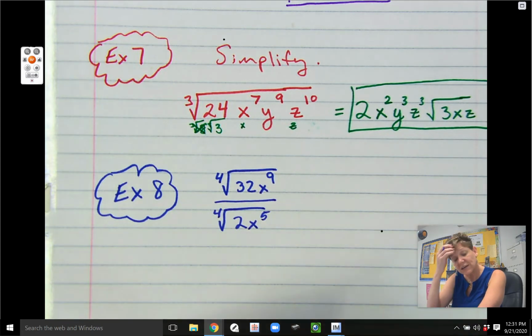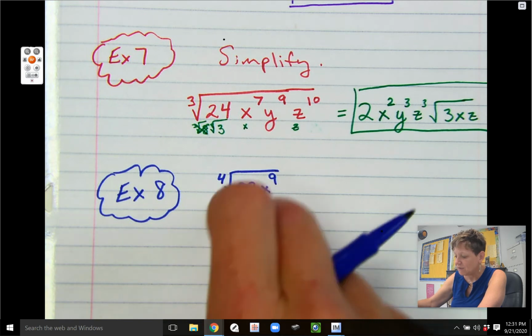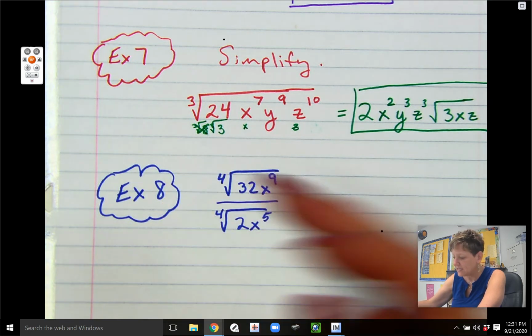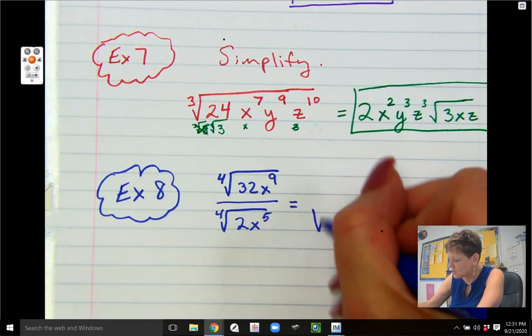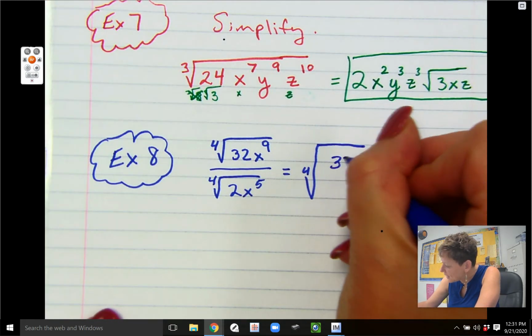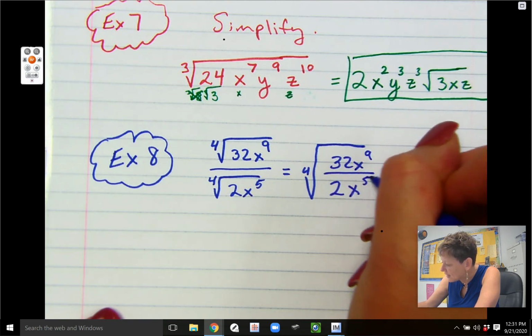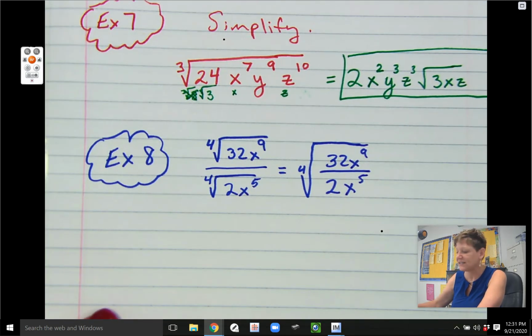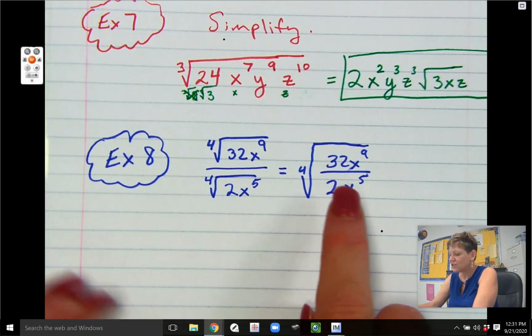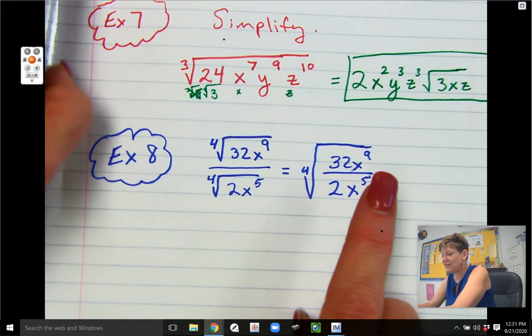So what we talked about in our properties is when you have a division of two radicals and they have the same index, you can combine them into a single radical with that same index. And why you might want to do that is to clean things up, to simplify the fraction. Because 2 goes into 32, so that simplifies rather nicely.